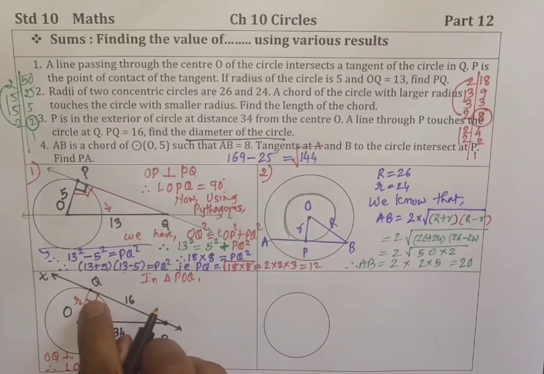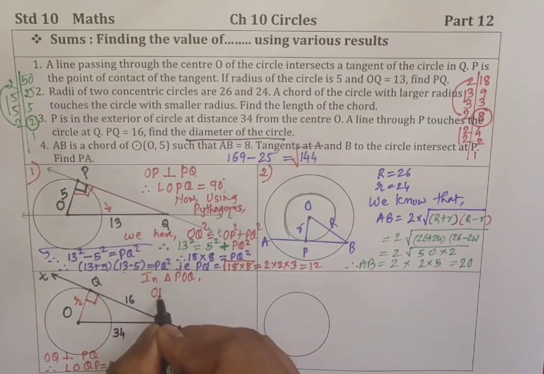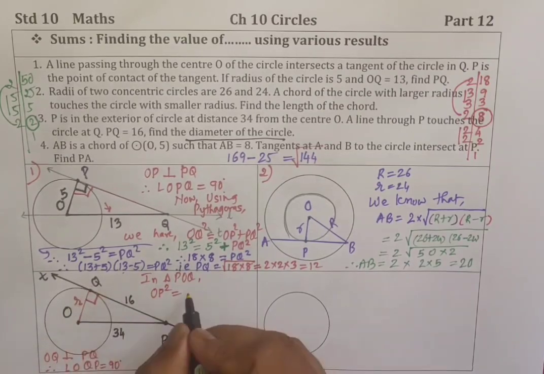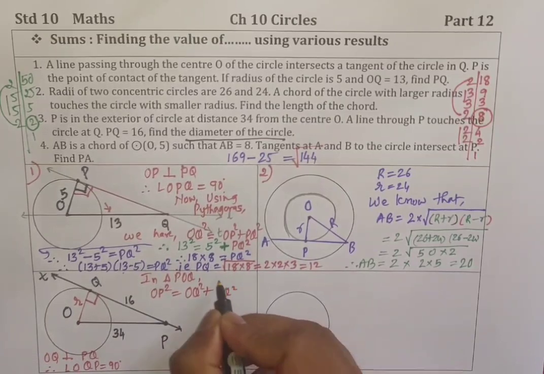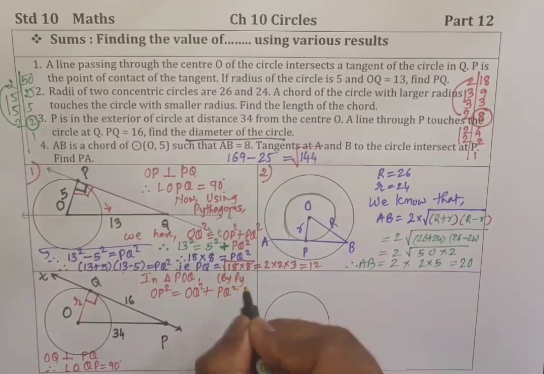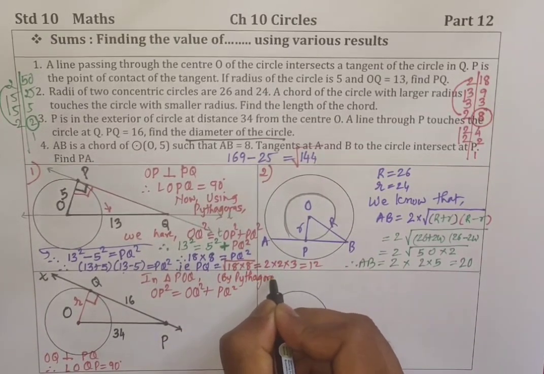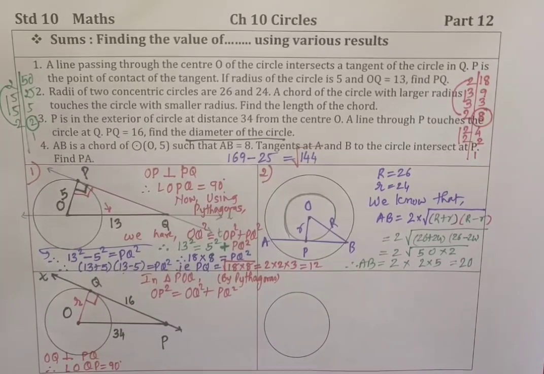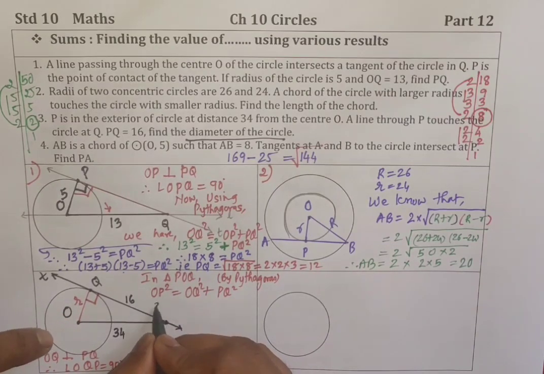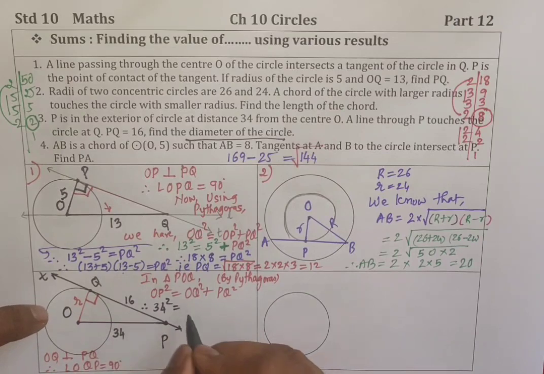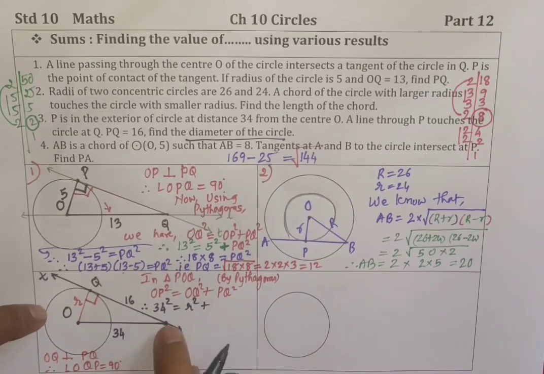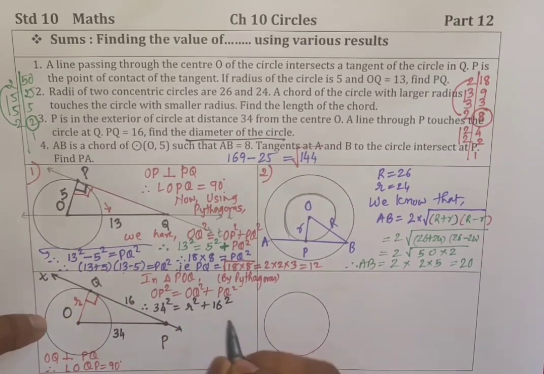What you have? This is right angle, side opposite to that OP. OP square is equal to OQ square plus PQ square by Pythagoras. Correct? Chaliye. The values which are available, let us put OP, 34. Therefore, 34 square is equal to OQ, that is R square, and PQ, that is 16 square.